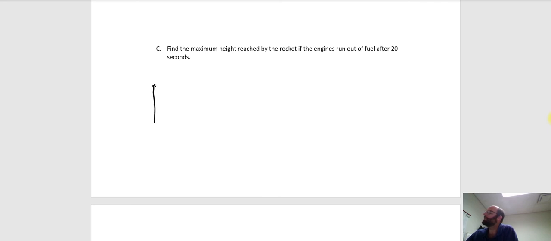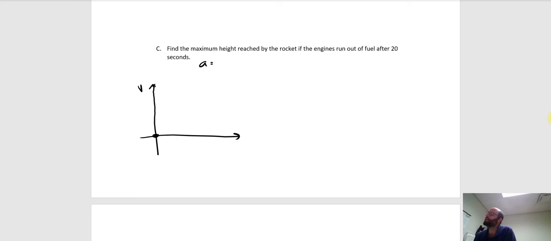Start with a velocity graph of that rocket. Presumably it started out at 0, 0, meaning at t equals 0, it wasn't moving very fast, or at all. Then the rocket engines fire, and that accelerates the rocket at some value. This is a number that you found earlier in the problem.